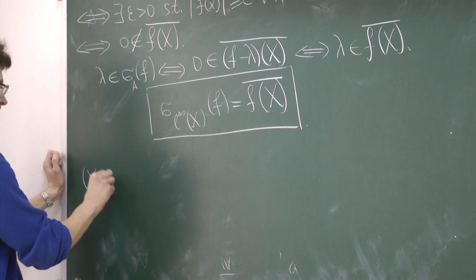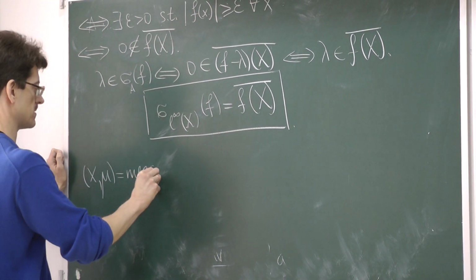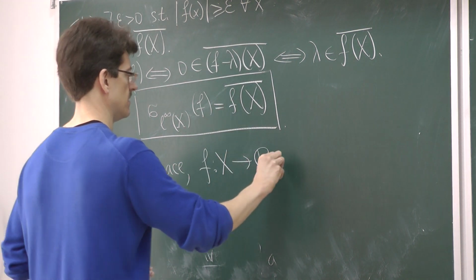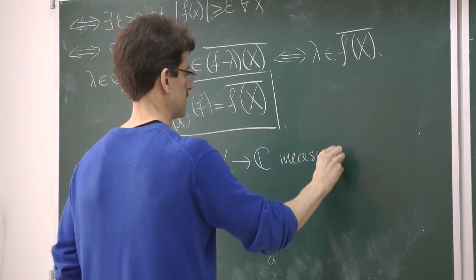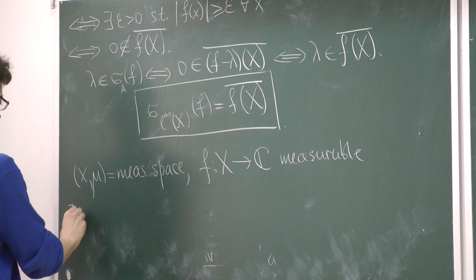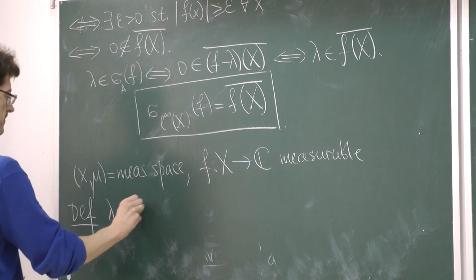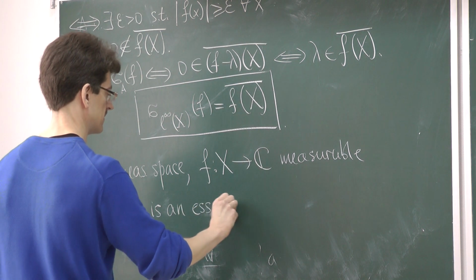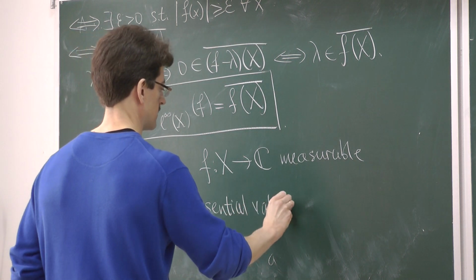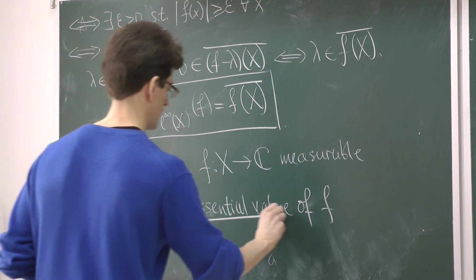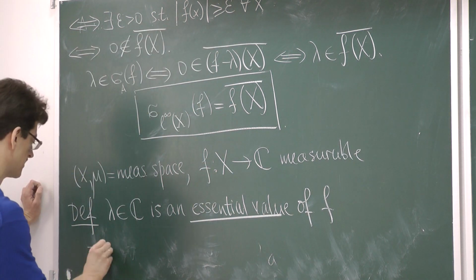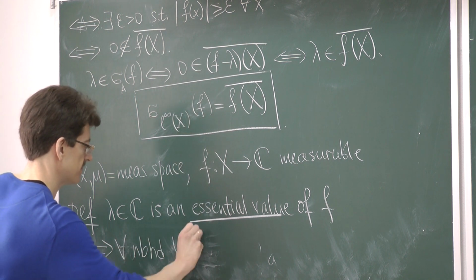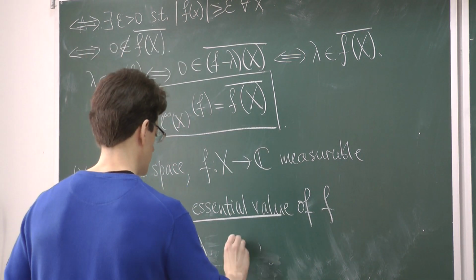Suppose that X and mu is a measure space, and f is a measurable function on X. We say that a complex number lambda is an essential value of function f if for each neighborhood U of lambda, the measure of its preimage is positive.